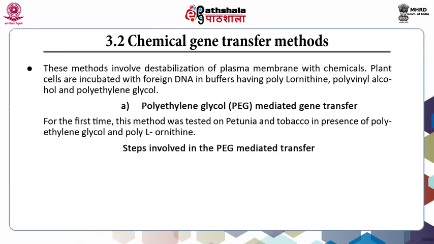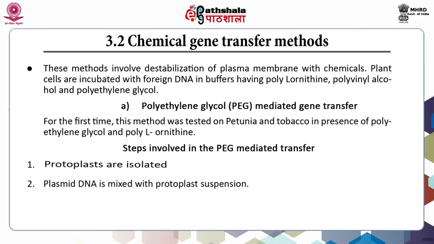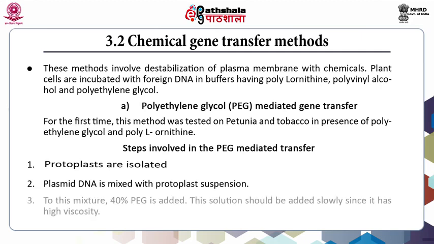Steps involved are: firstly, protoplasts are isolated, plasmid DNA is mixed with protoplast suspension and to this mixture 40% of polyethylene glycol is added. This solution should be added slowly since it has high viscosity.